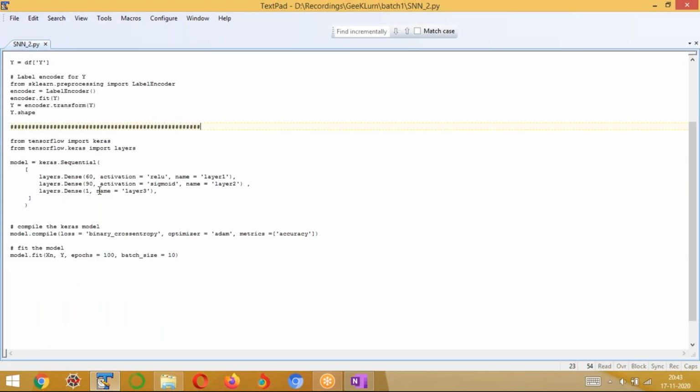Hope you are able to see the screen. If you see here, this is the line where we mentioned layer 2. You need to add another line. The code, everything remains the same, nothing changed. All the functions are the same. Only you need to add this extra layer line. That is the thing that you need to cover. Just a minute.